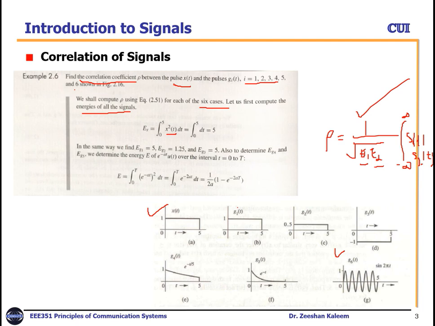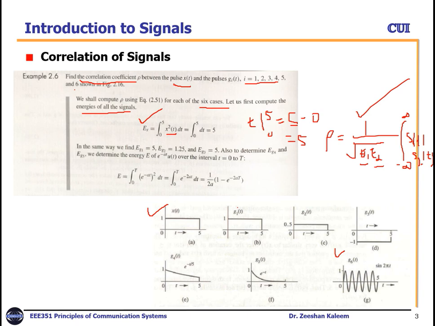The integral of 1 becomes t. We put in 0 to 5, so 5 minus 0, which is 5. So Ex has energy 5.